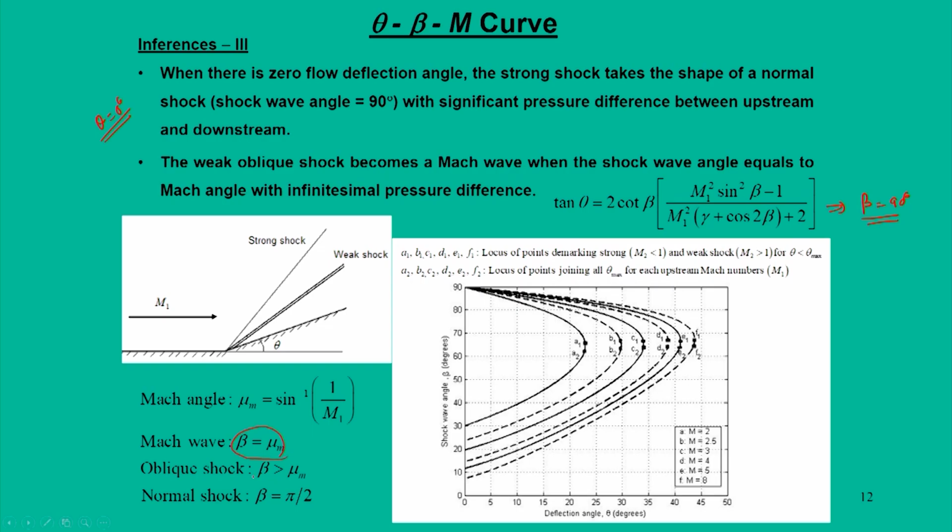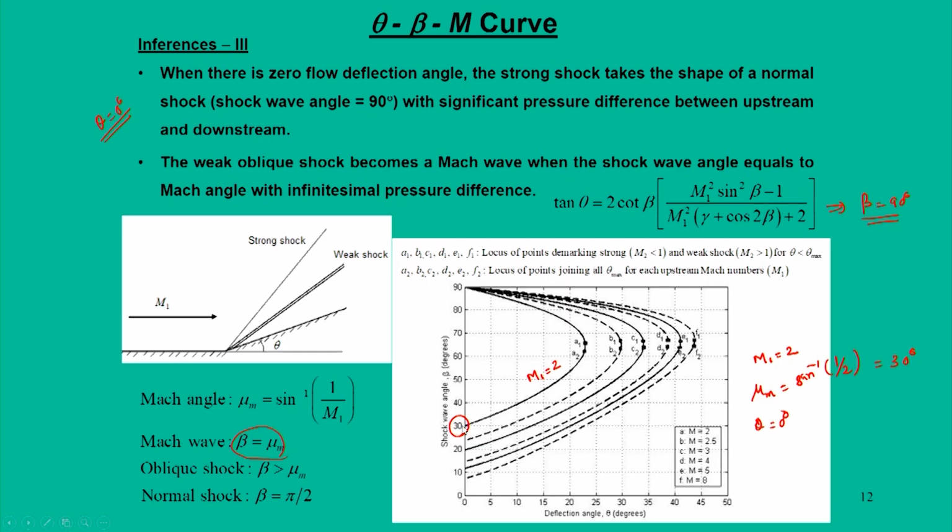So, mu means, let us say for a given M1, let us say M1 is equal to 2, mu will be sin inverse of 1 by 2. So, for this M1 is equal to 2, theta is equal to 0 degree, which means this angle, this is the 0 degree, mu happens to be 30 degree, which is shown here.